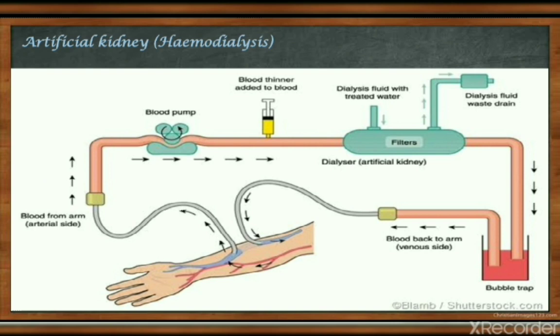Now you see this one, this is the artificial kidney, that is hemodialysis. Before starting, first I told you something: when blood comes outside from our body, it will contact the environment and become clotted.